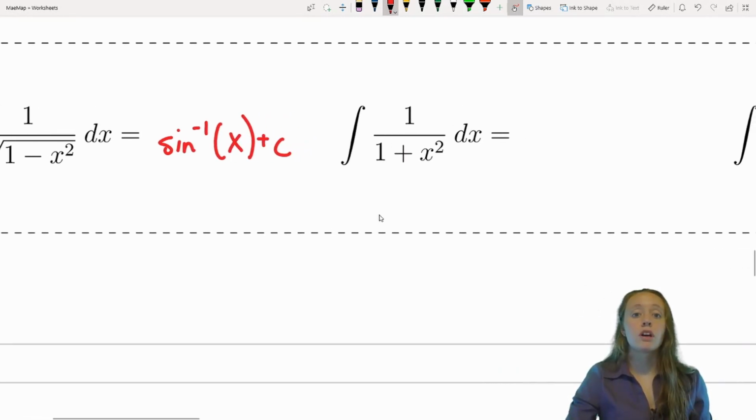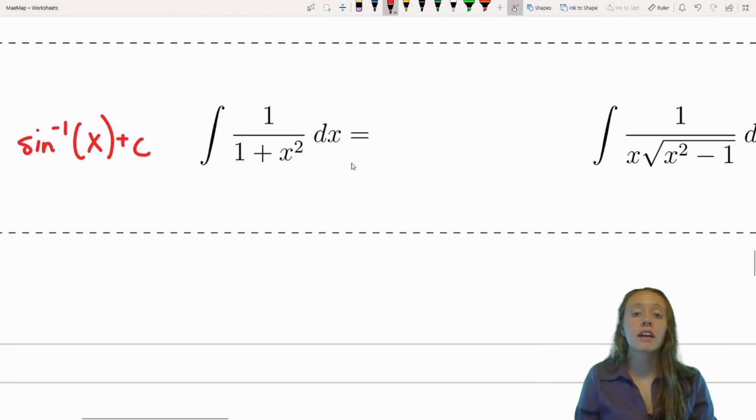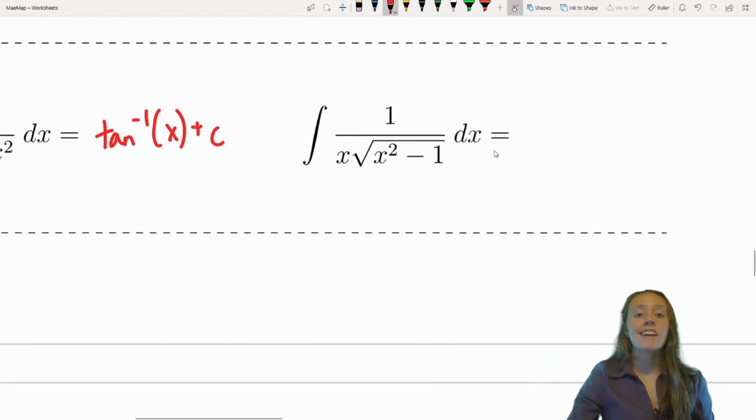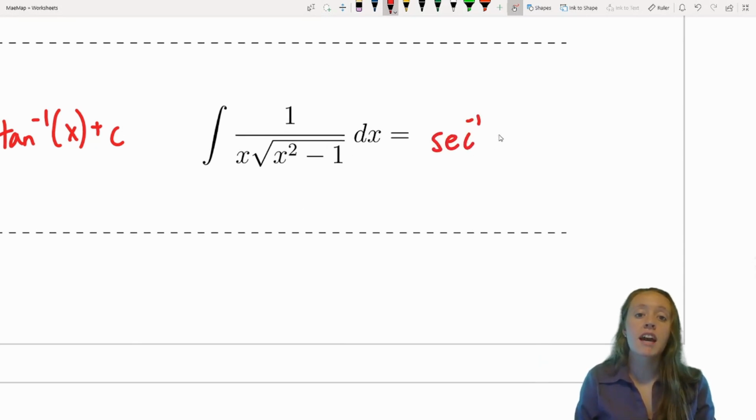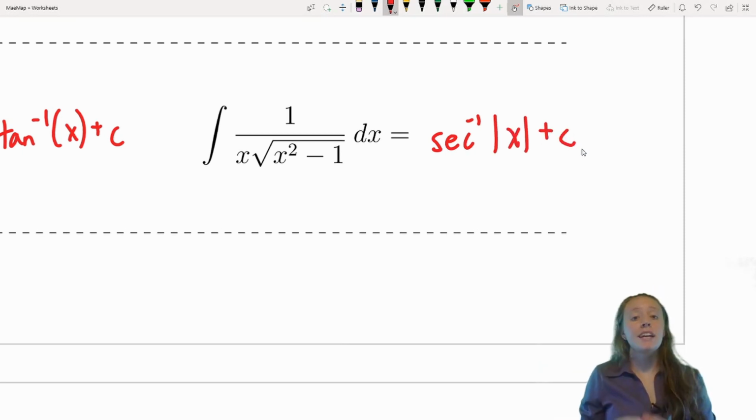The integral of 1 over 1 plus x squared is going to give us the inverse tangent of x plus c. And then the integral of 1 over x times the square root of x squared minus 1 is going to be the inverse secant of the absolute value of x plus c, making sure we remember that domain.